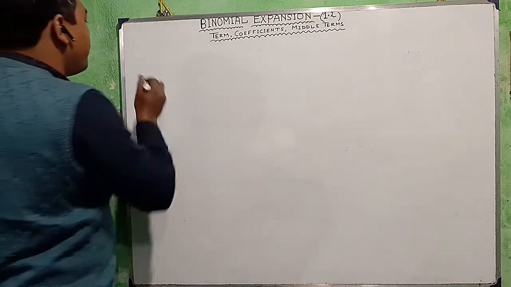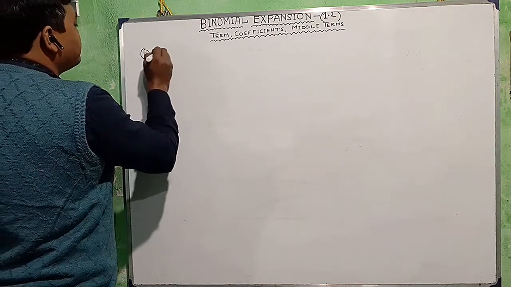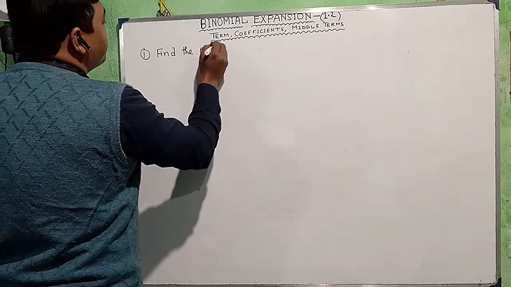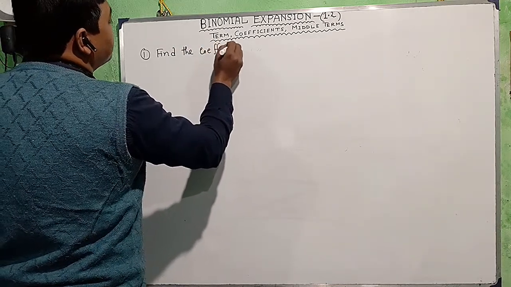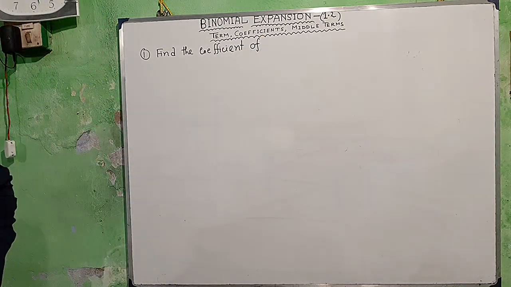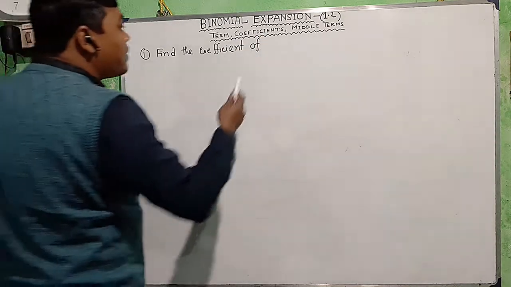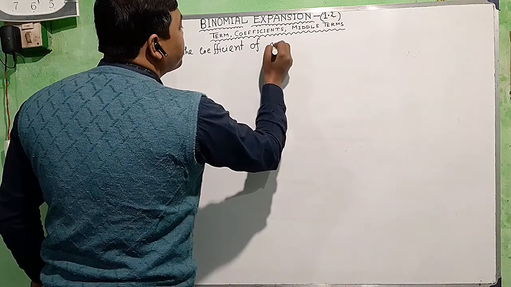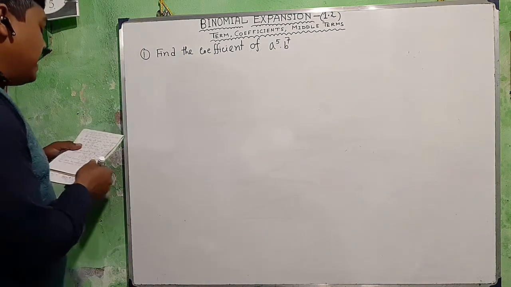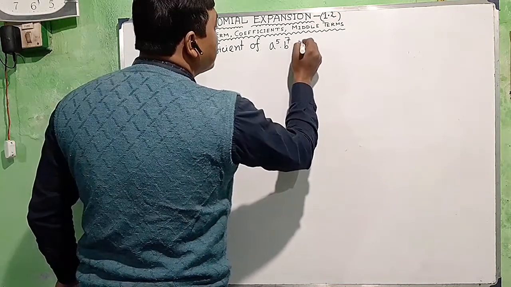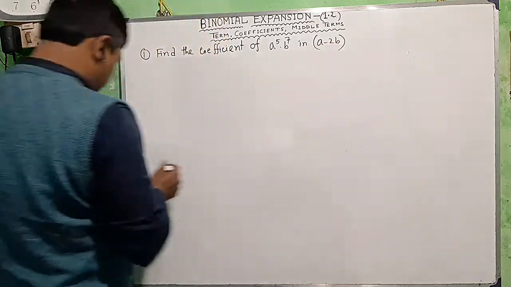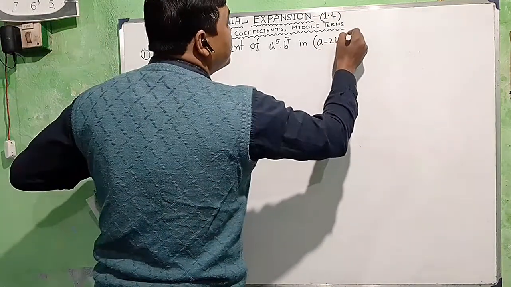Find the coefficient of a to the power 5 into b to the power 7 in (a minus 2b) whole to the power 12.